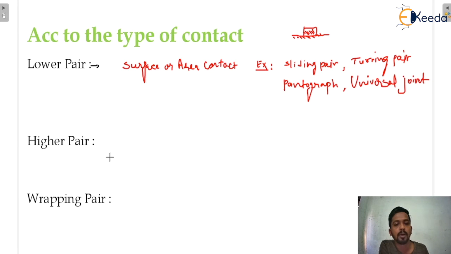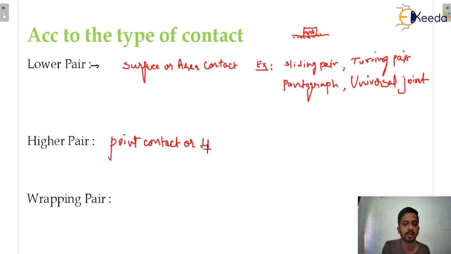Now I'm talking about the next, that is the higher pair. If there is a point contact or line contact, then we say this will make a higher pair.